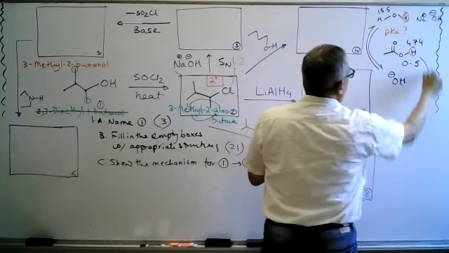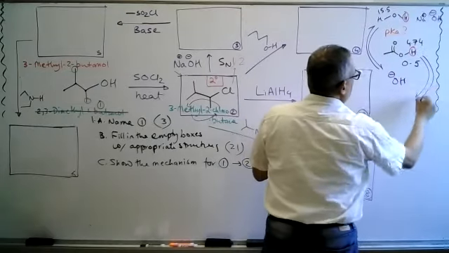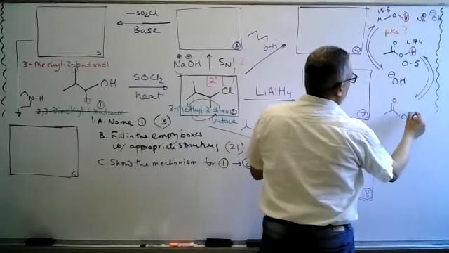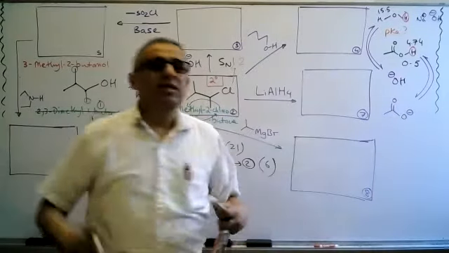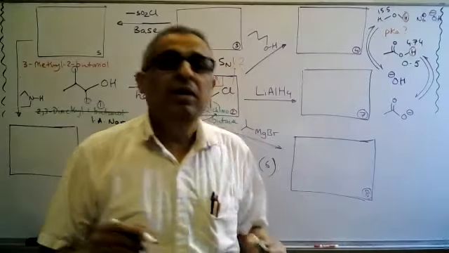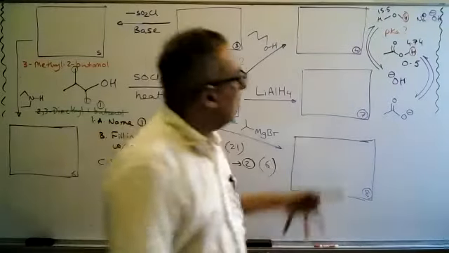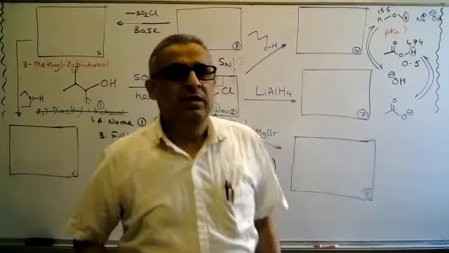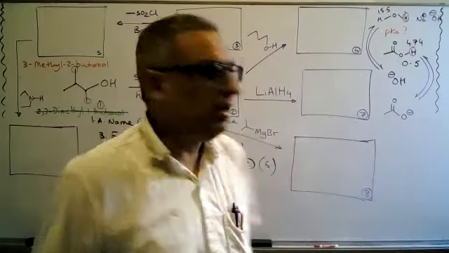and when you lose a proton from this guy and you get this, which one is a more stable conjugate base? OH minus or COO minus? Which one is happier?